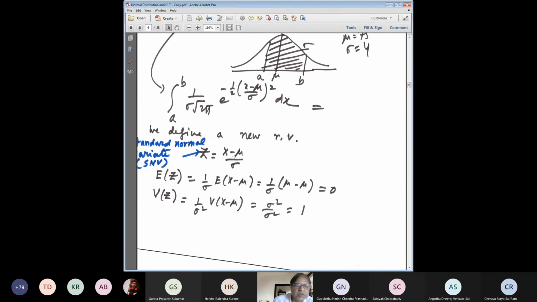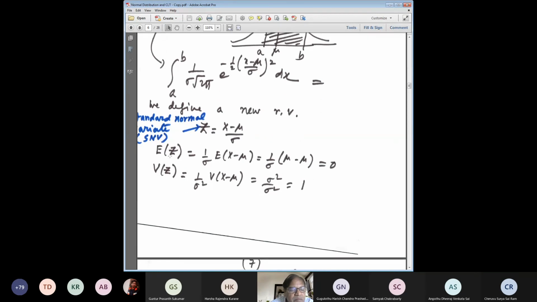There is a topic on functions of a random variable. We shall discuss it at a later stage. But here, the distribution of Z will be normal, and the mean you can easily calculate: the mean will be 0 and the variance will be 1.